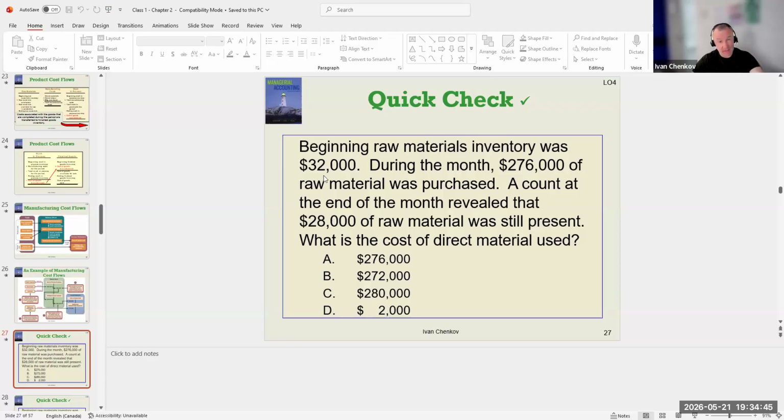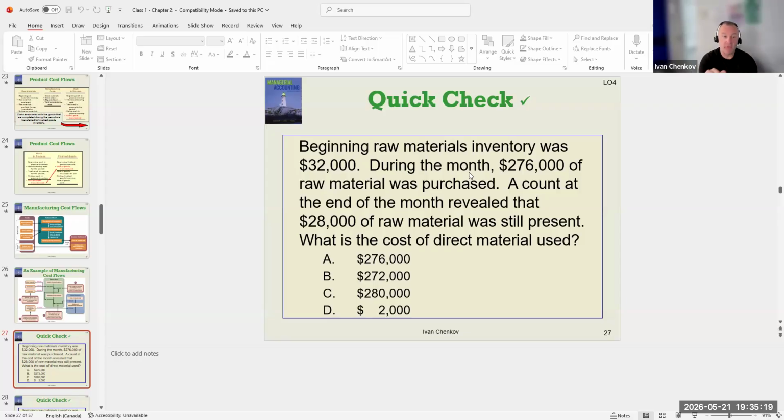If the beginning balance is 32 and ending balance is 32, how much raw material have we used? Beginning balance is 32, ending balance is 32. We purchased 276. How much raw material did we use? 276, correct?